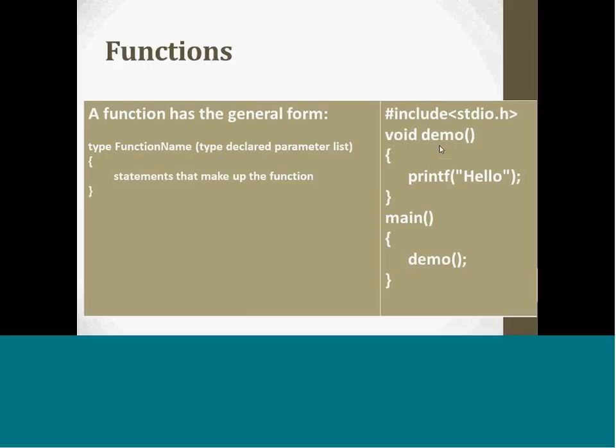Here I have no parameter, and because I don't need any return from the function, I put the tag void. This function just prints out hello on the screen. My first function. In my main code, I simply call the name of the function. So this code will do exactly what we had before. It just prints out hello on the screen.